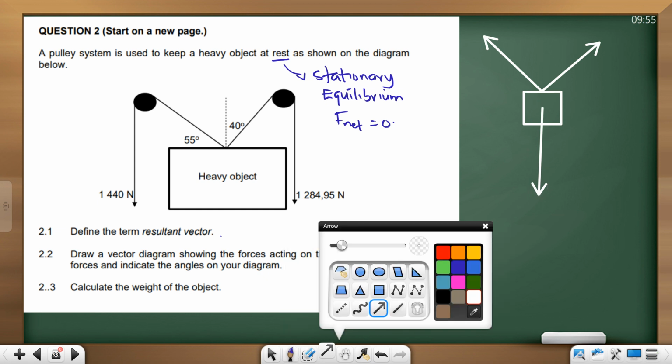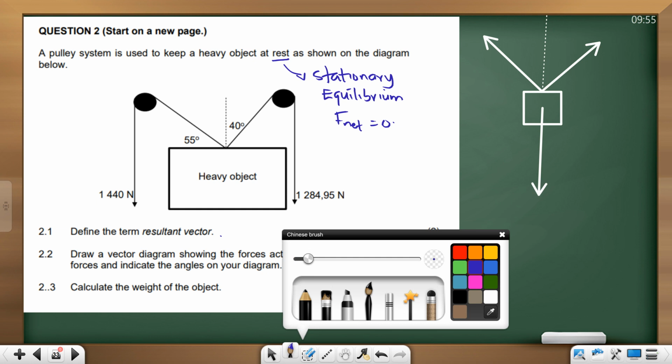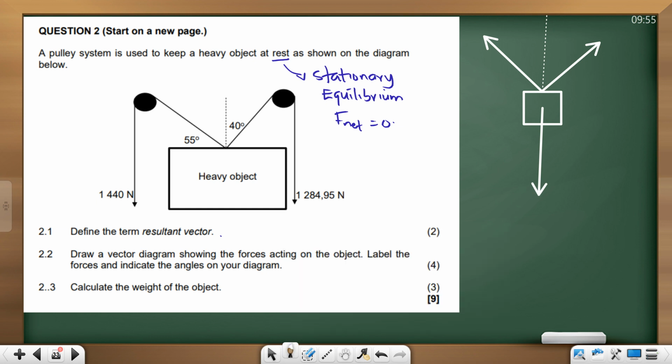Now with a vector diagram, I'll have to show the angles. So I'm quickly doing that one for us. This is the weight. What is this force? 1440 newtons. What is this force? 1284,95 newtons. I hope everybody's good with that. Now you must show the angles.